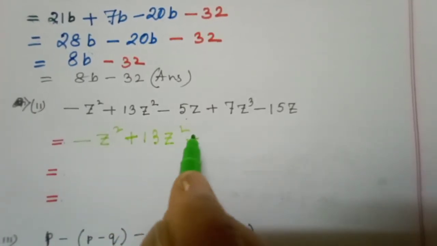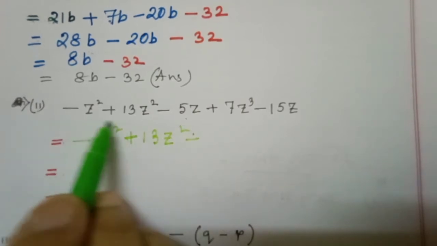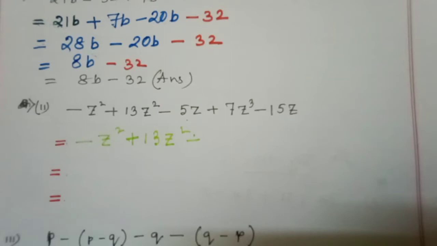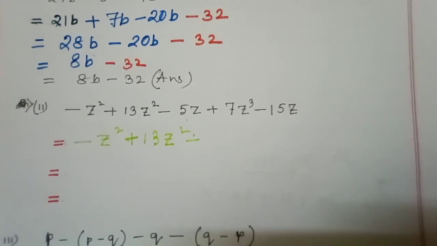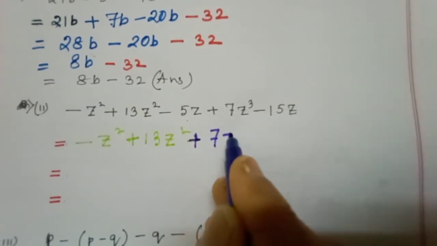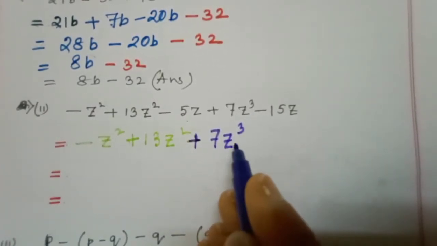Now only these two are z square. Next one is another term, 7z cube. The power is different, so it is not a like term.